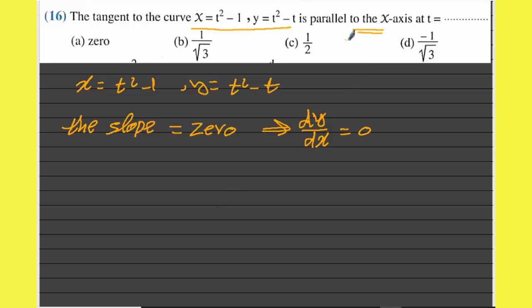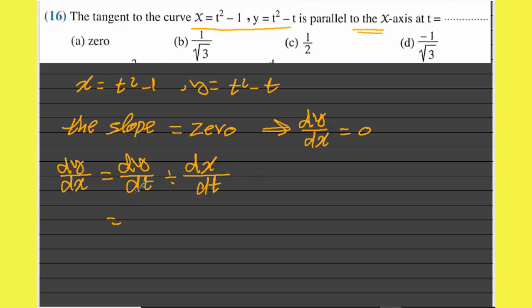The required here is to find the t when the tangent is parallel to the x-axis, so what is the value of t? dy/dx equals dy/dt divided by dx/dt.